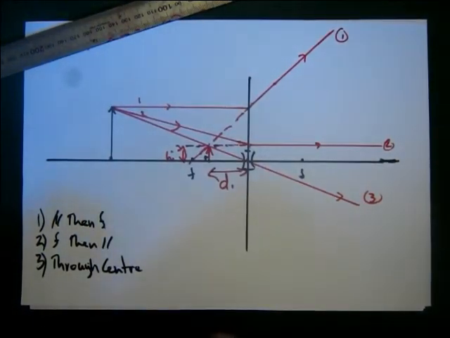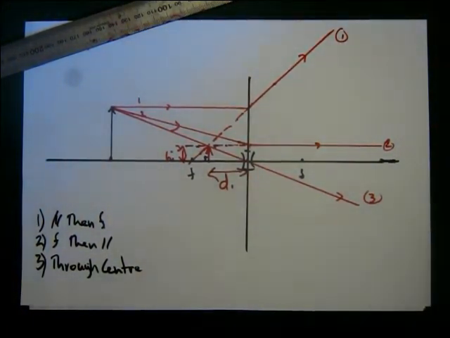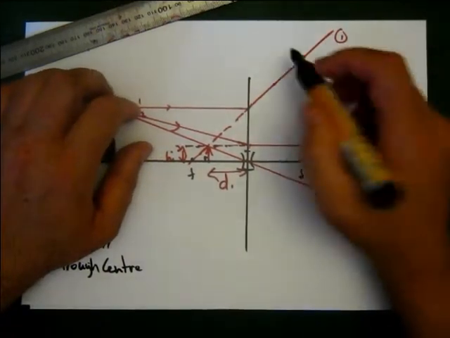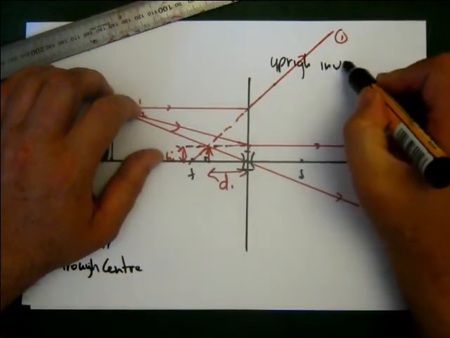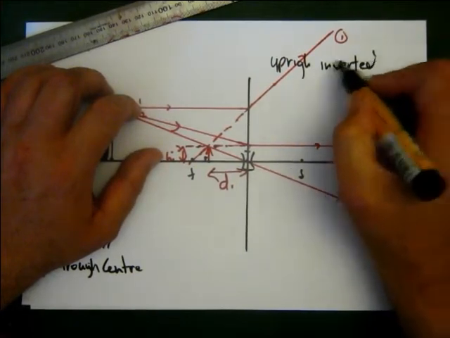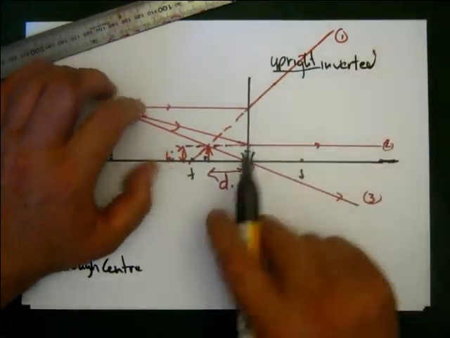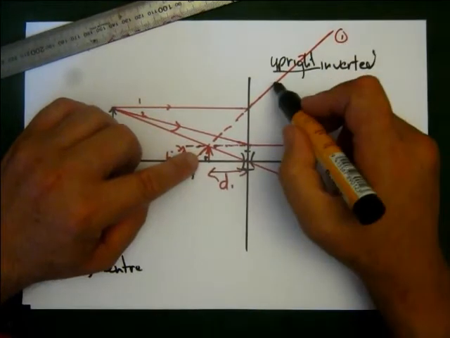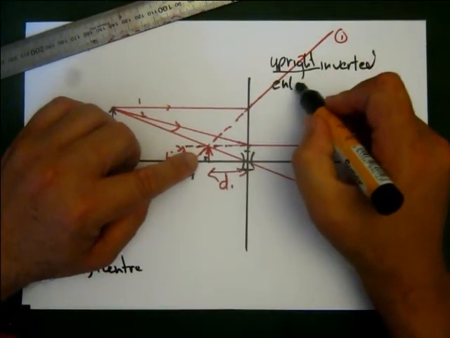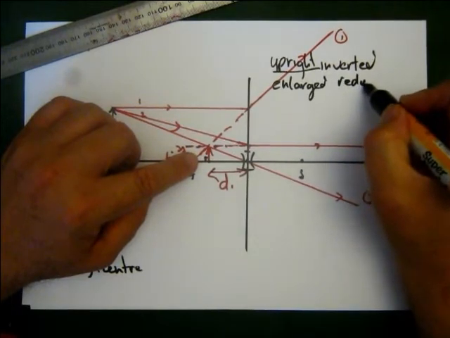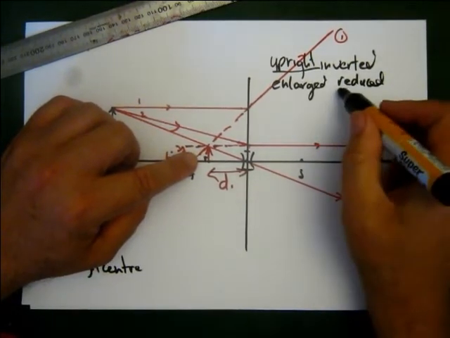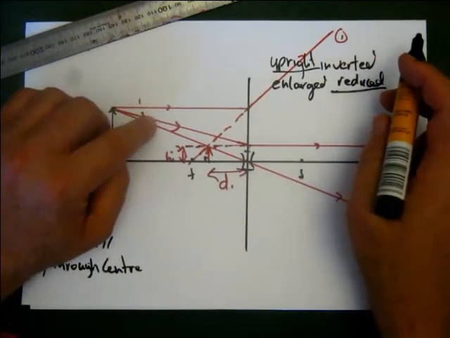And then we ask the usual questions: upright, inverted. This one is definitely upright. Yep, upright. We've got enlarged, reduced. For a concave lens, the image will always be reduced.